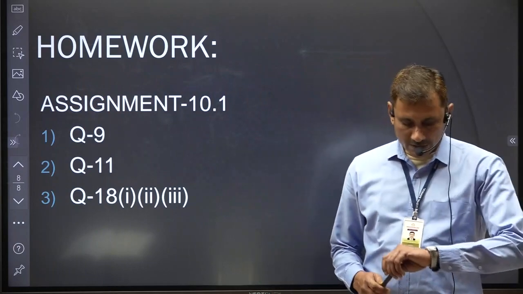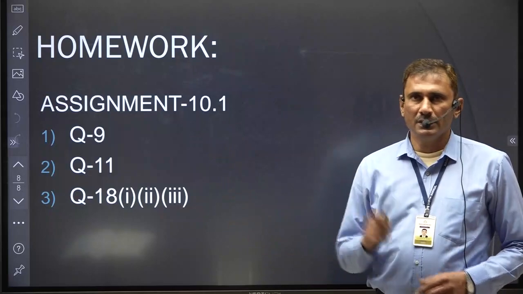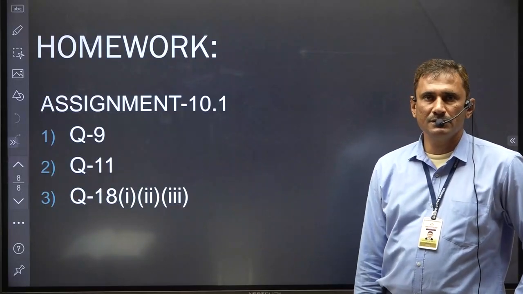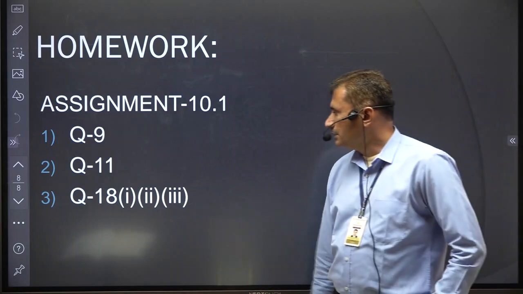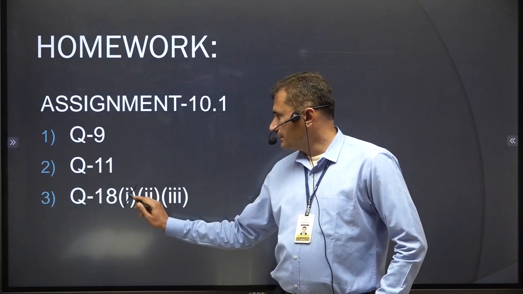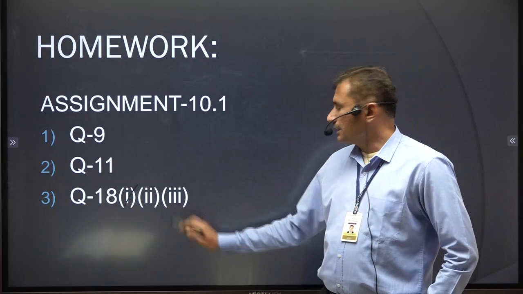We are right now in assignment 10.1, question number 9. I already told you at that time it is skipped. 11 also is skipped, so that is also in homework. In 18 I have written here 1 to 3, but I already solved number 1. Okay, so 2 and 3 are left.